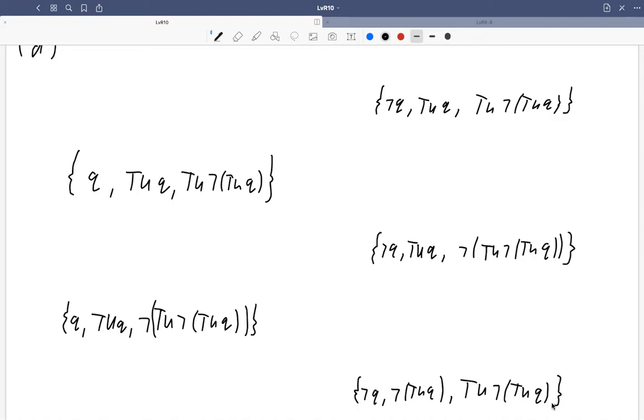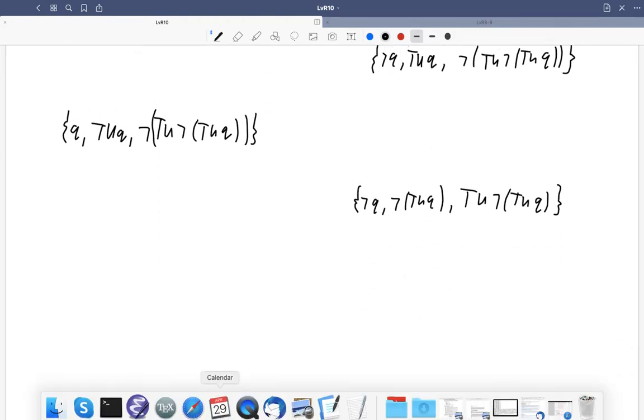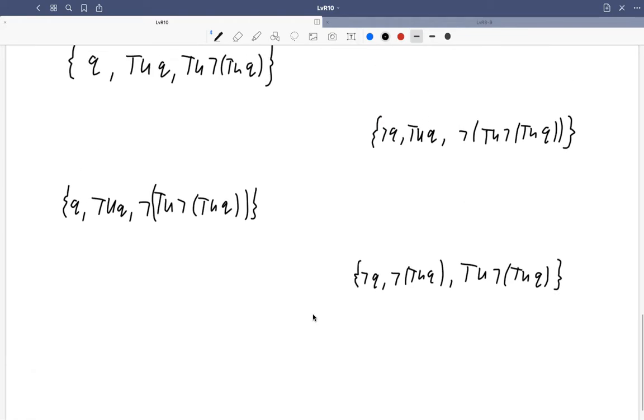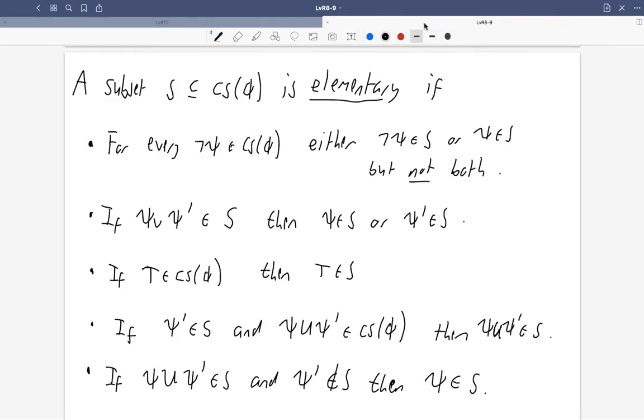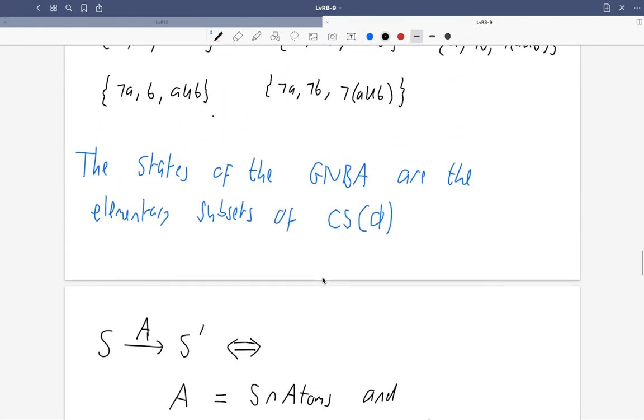Right, so those are the states, and now we want to consider the transitions between the states. For this, we go to our notes from lectures 8 and 9.